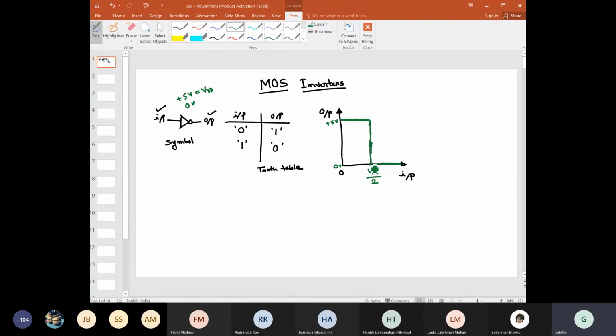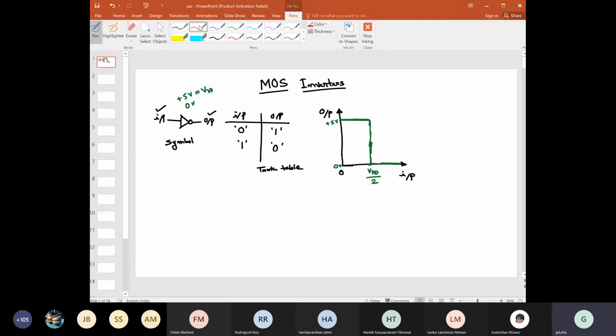That means any input voltage below this VDD by 2 will generate an output which is at logic 1 or logic high, and any value of input which is higher than VDD by 2 will generate an output which is at logic 0. Logic 0 means for this ideal case it is at 0 volt, right?